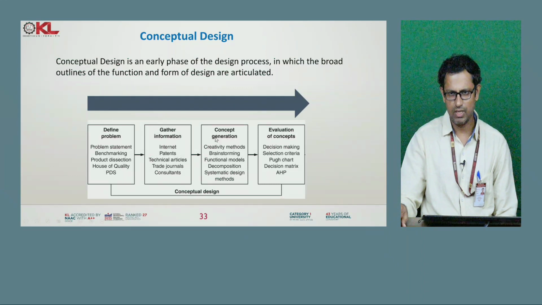We have to use all these methods to generate different concepts for that particular design. Whatever concepts we have generated, we have to evaluate using these parameters: decision making criteria and selection criteria, Pugh chart, decision matrix and AHP. All these we have to use. So let's see them one by one.